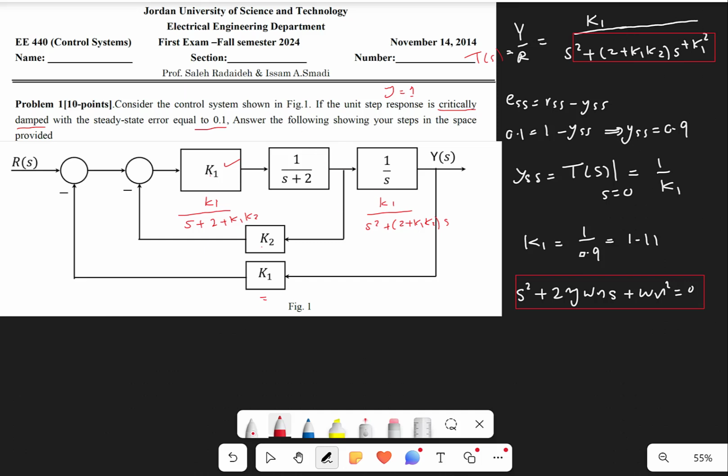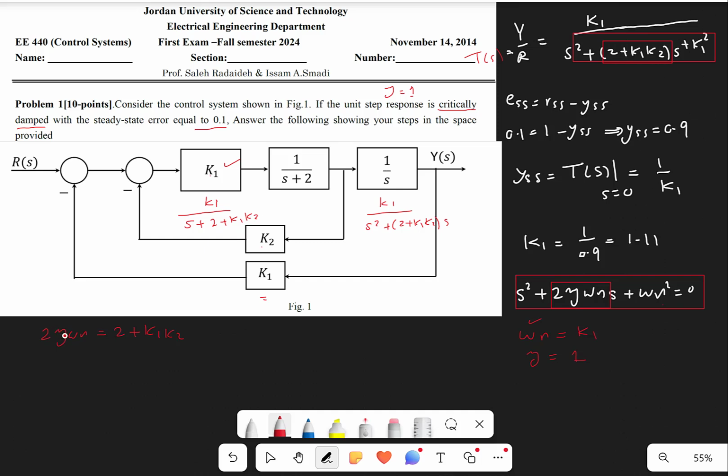So simply from here we have that omega n is equal to K1, because omega n squared is equal to K1 squared. So now we have omega n, and from the critically damped condition we have zeta equal to 1. So now we can say that 2 zeta omega n must equal this term here, 2 plus K1 K2.